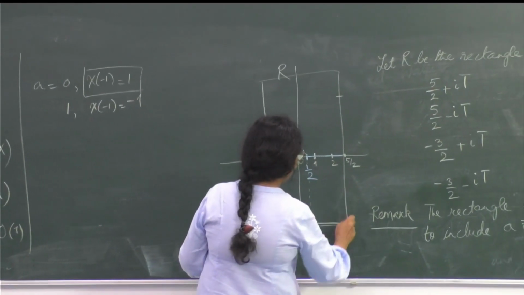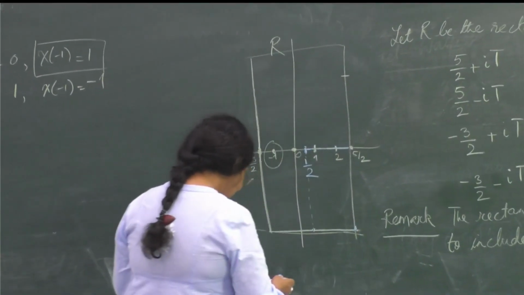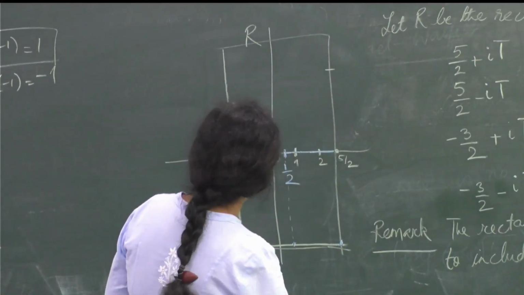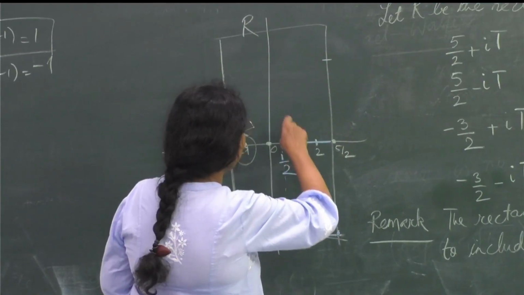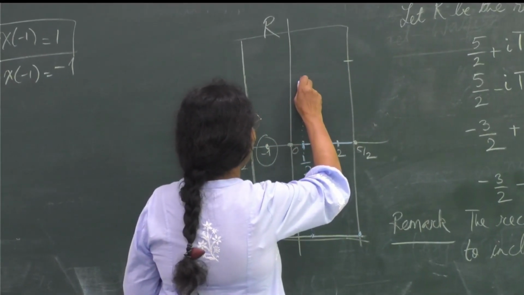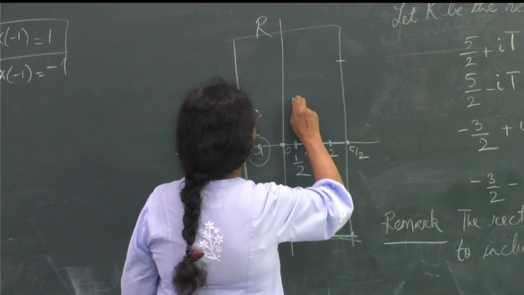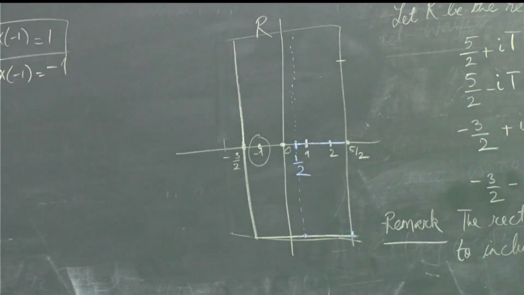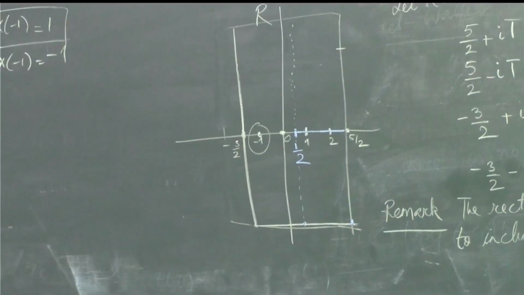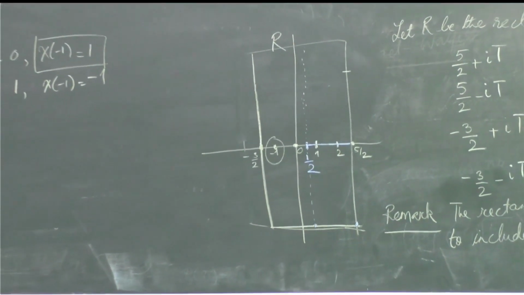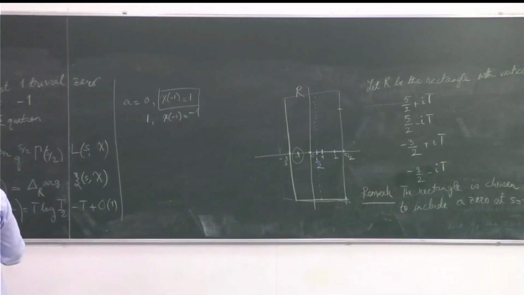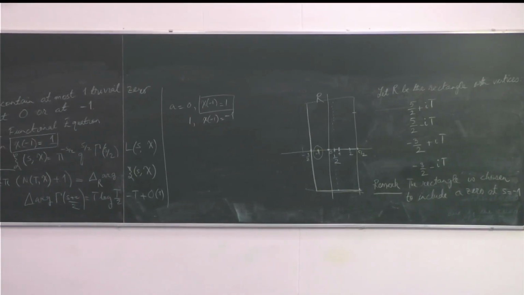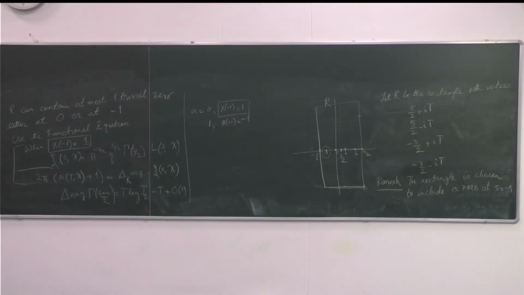This is here. Okay. Then from 5 by 2, take the symmetry here. Okay. This is possible because of this symmetry. And now you know that log L(s, chi) is bounded on real s equal to half.